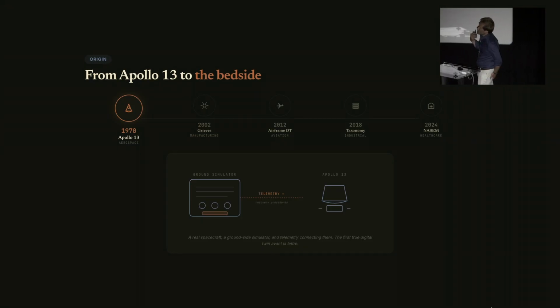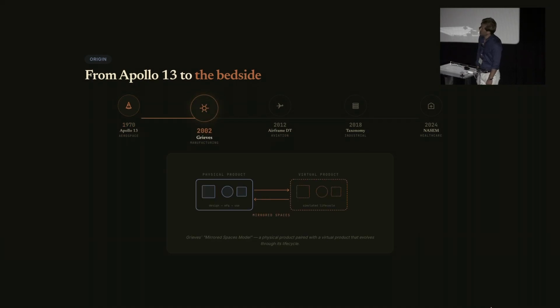If you don't know a little bit about the history of digital twins, it's kind of interesting. In 1970, this really originated from NASA when they were thinking about space flight. They actually built out a twin system for a lot of the hardware that was on the spacecraft at the time. That allowed them to troubleshoot with the twin before they made any recommendations within the spacecraft itself.